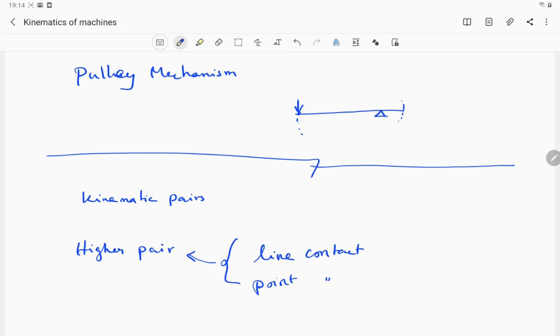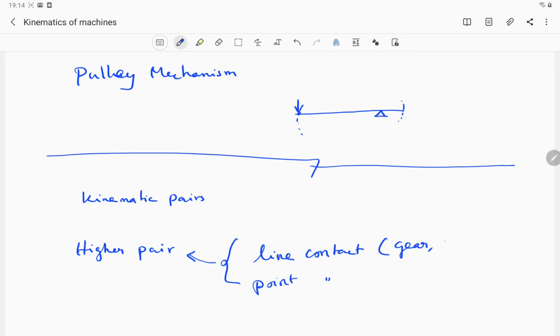For example, a gear arrangement has a line contact, and that kinematic pair is a higher pair.